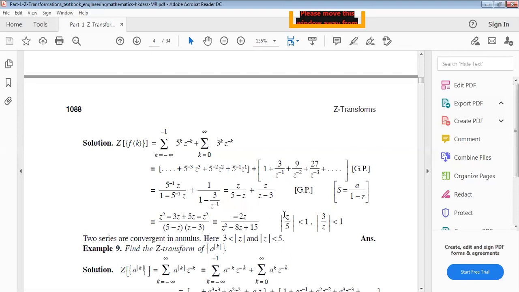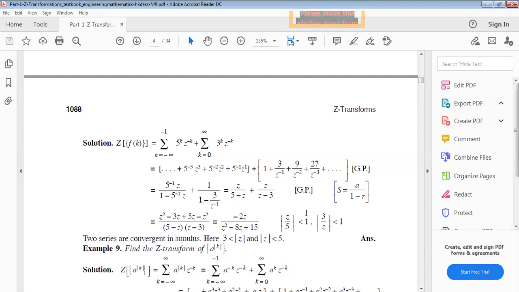Here z by 5 is less than 1, and 3 by z is less than 1, because the whole 1 is negative. This is why both are less than 1. The two series are convergent in an annulus.